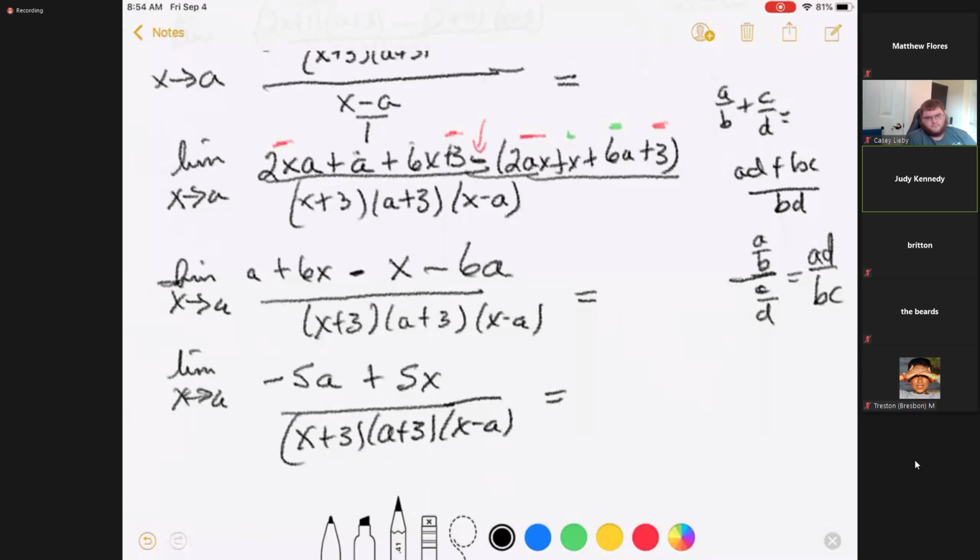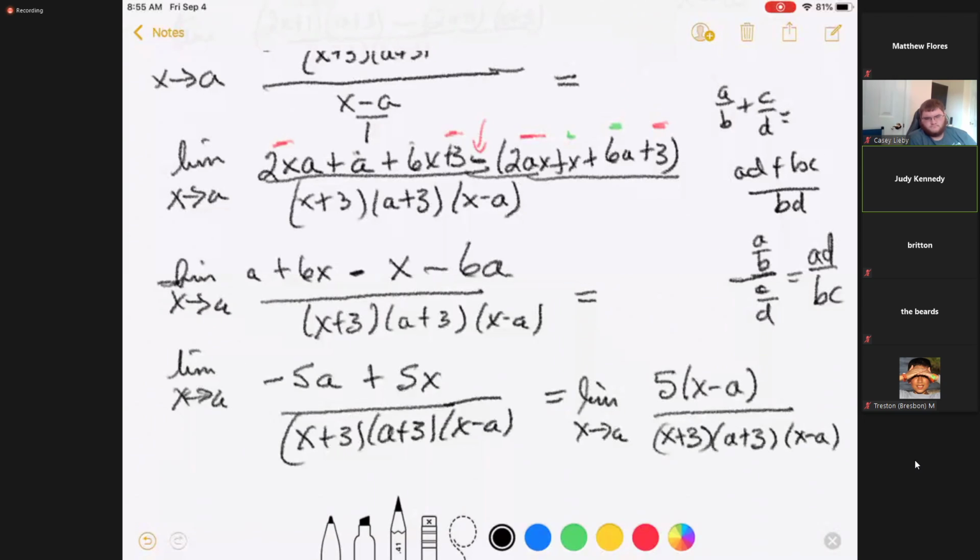And now I'm going to factor 5 out of the numerator. That's going to give me 5 times x minus a, over x plus 3 times a plus 3 times x minus a.